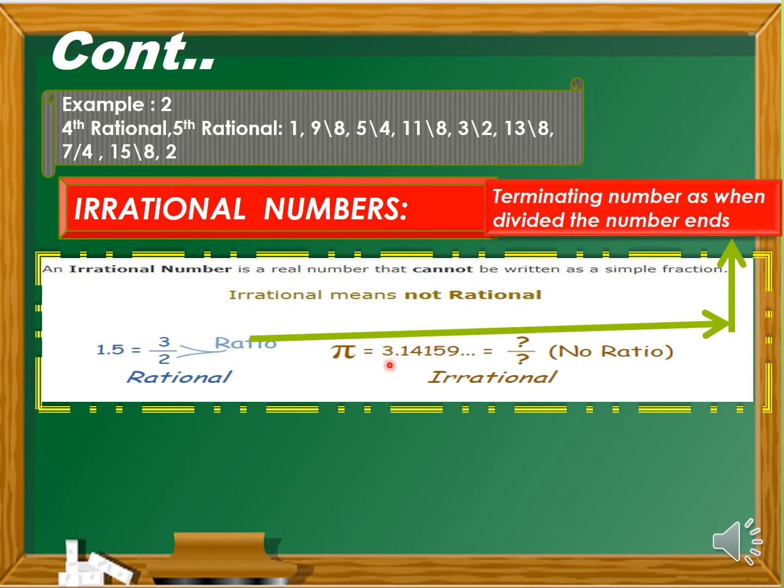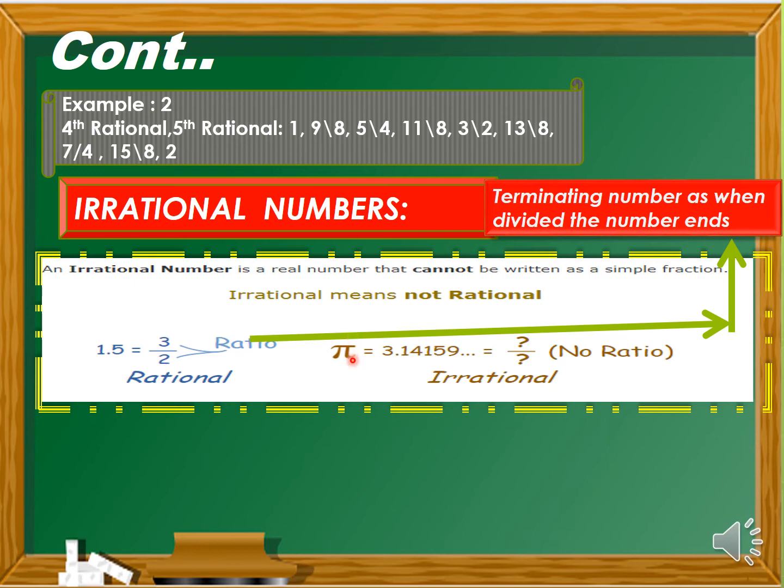Recurring means repeating. So here 9 is repeating, but there is no bar here. Just assume that there is a bar on the 9, that is 9 repeating. On the other hand, here there is no bar, so they are called non-recurring numbers.